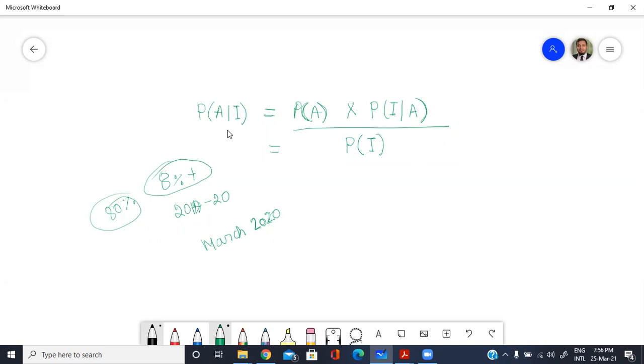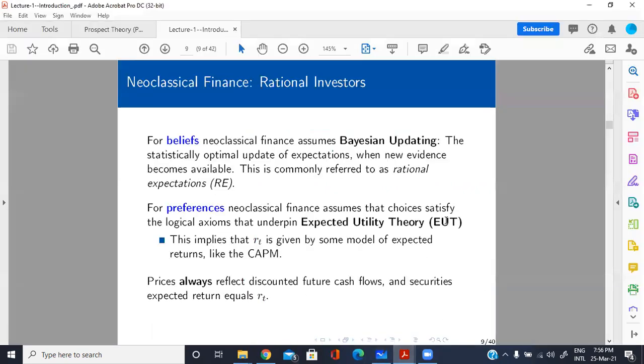In this way, Bayes theorem works, and it was given to us by Bayes approximately 200 years ago. People have been using this Bayes formula to adjust the existing probability for new information for 200 years. And it has been assumed that rational investors always do Bayesian updating, and rational investors are Bayesian investors.